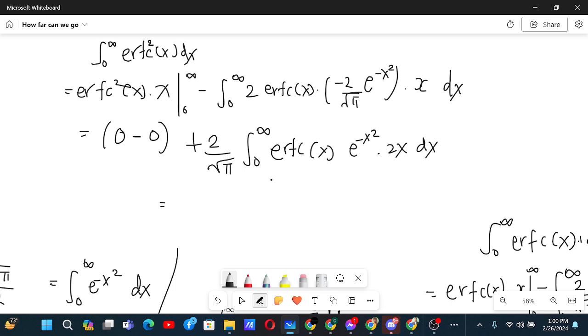And now we can again use integration by parts, with this as v and this as u.